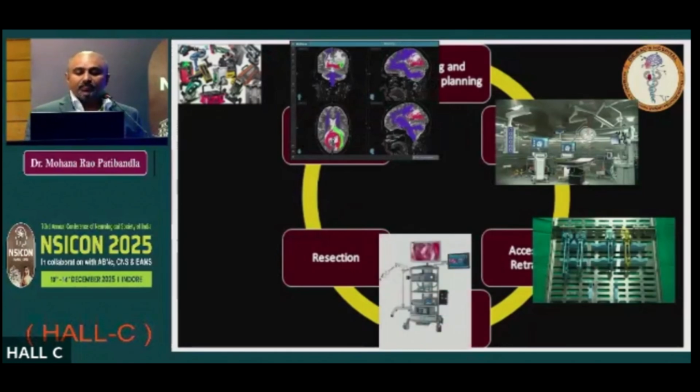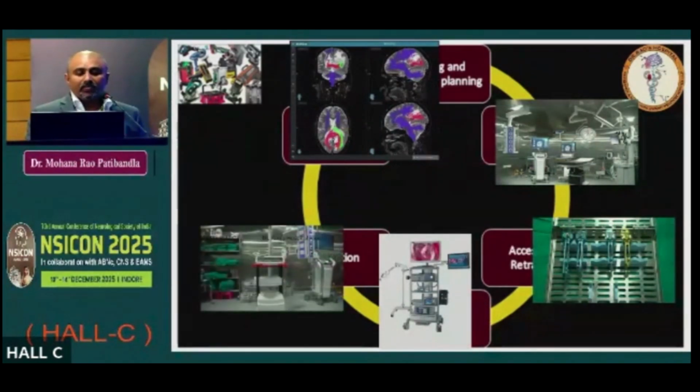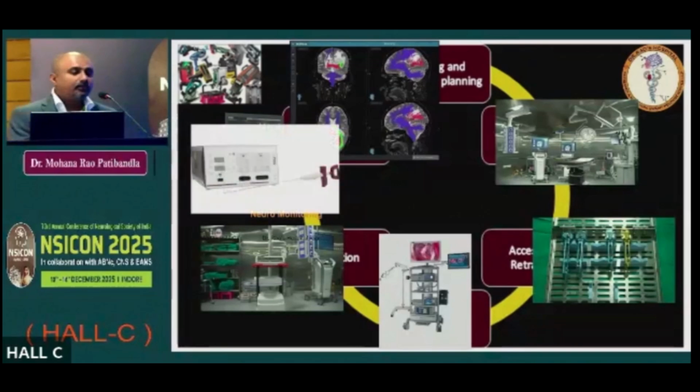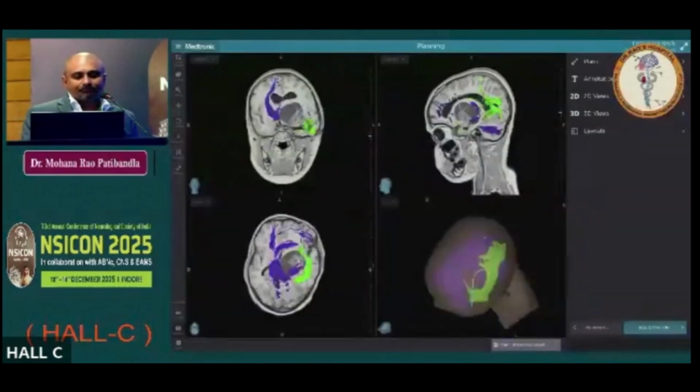Then we use either exoscope, microscope, or endoscope for good optics, and then CUSA, and neuromonitoring. Especially subcortical mapping is almost inevitable in all these cases, if needed, for the eloquent fibers.